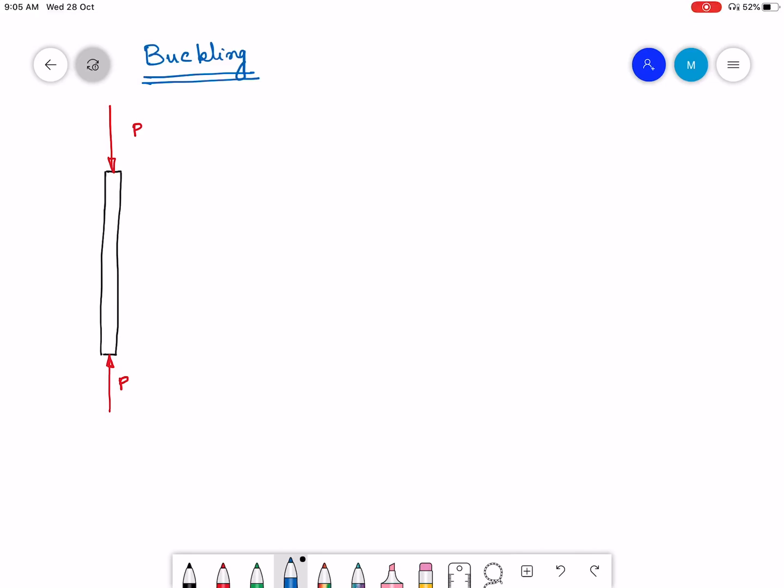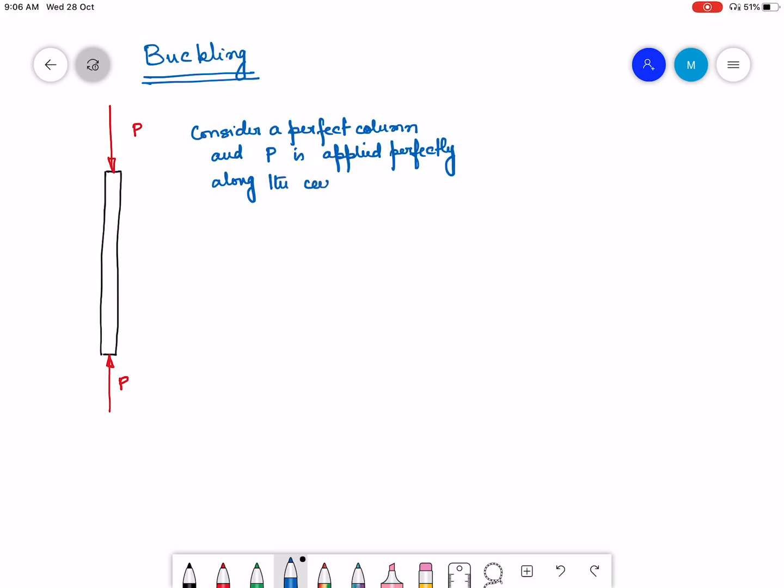So this is a perfect column. Consider a perfect column, and P is applied perfectly along the centroidal axis, and there is perfect symmetry.